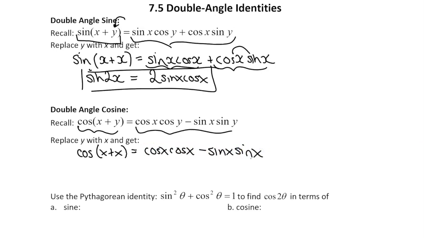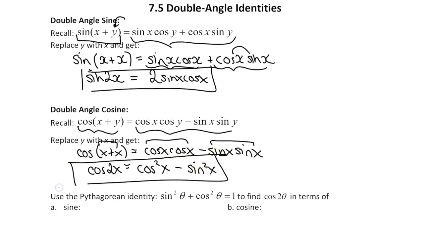Cos x times cos x right here becomes cos squared x, and sine x times sine x becomes sine squared x. And so cos 2x, getting this from x plus x, will equal cos squared x minus sine squared x.